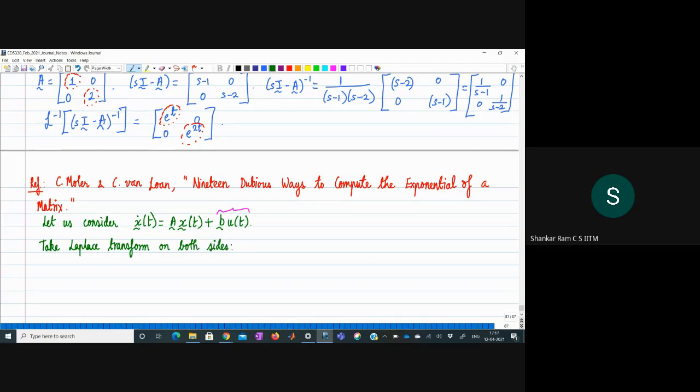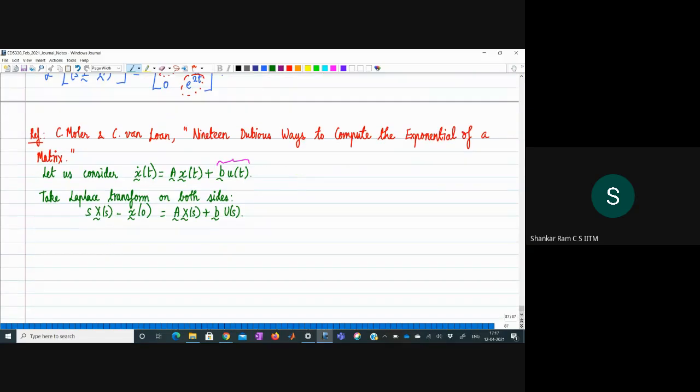If we take the Laplace transform, we get the Laplace of x dot equal to sX(s) minus x0, which will be equal to A times X(s) plus B times U(s). Then if we simplify this by collecting the terms of X(s), we have (sI minus A) X(s), and that's going to be equal to x0 plus B times U(s). Okay, so that's what we have.